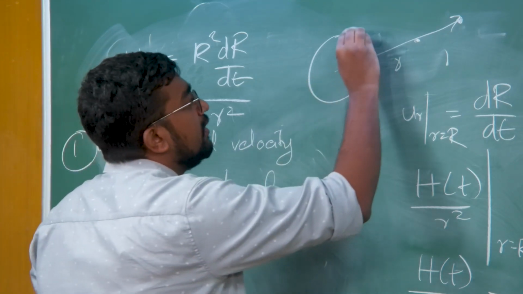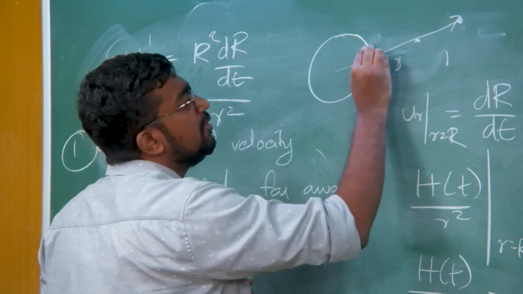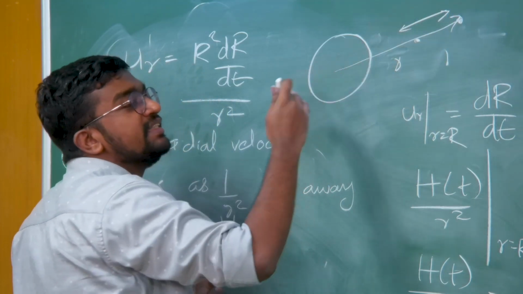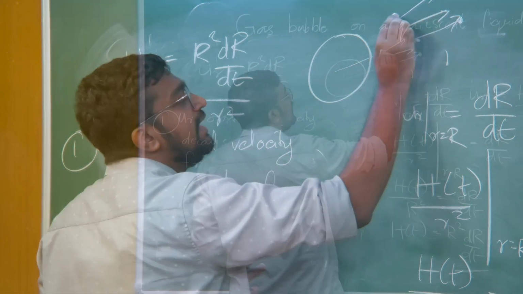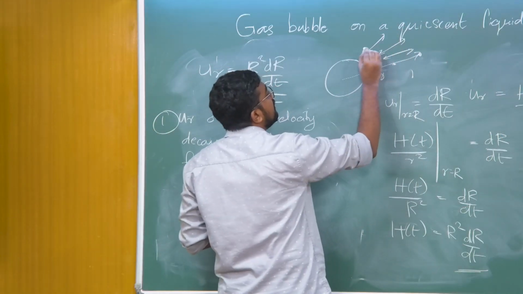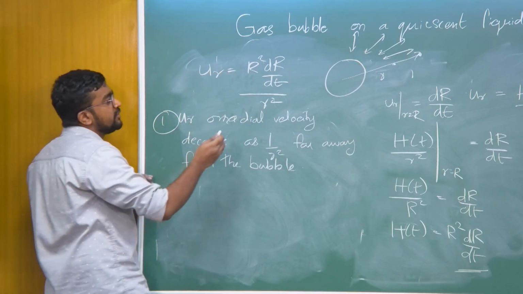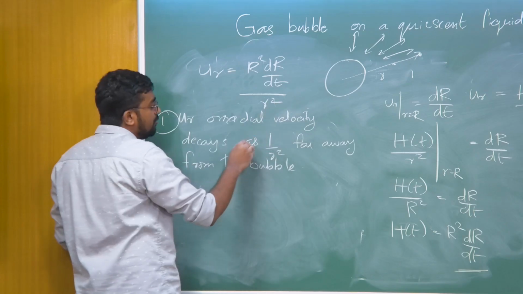So, the fluid flow here is governed by just one thing, oscillation. The fluid just oscillates radially. The magnitude positionally is determined by 1 by r square.